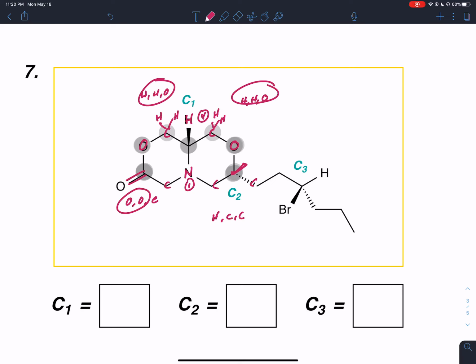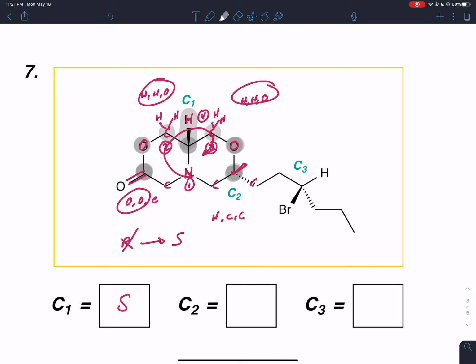Okay, oxygen beats carbon. Therefore, this is 2, and that side is 3. We have 1, 2, 3. This looks like it's the R configuration. However, the lowest priority group is on the solid wedge, so we flip what we see, and the correct configuration for chiral carbon 1 is the S configuration.